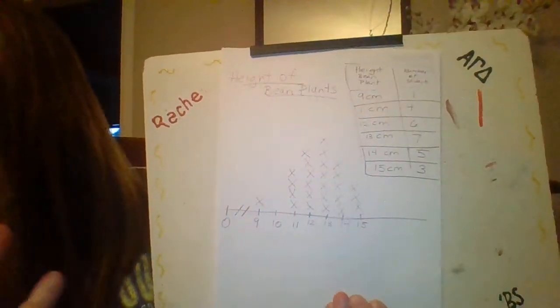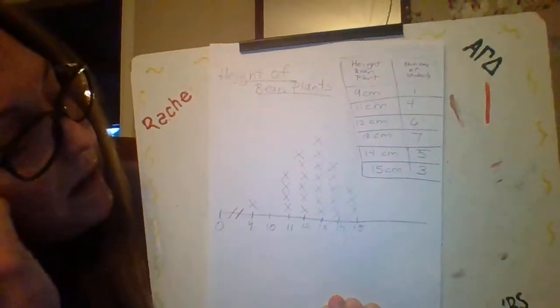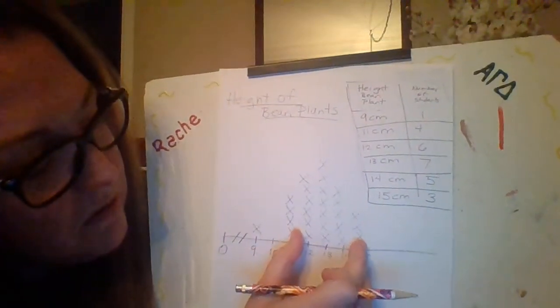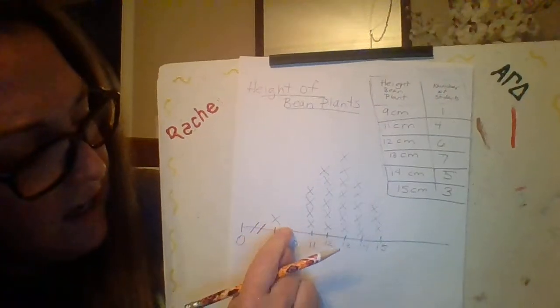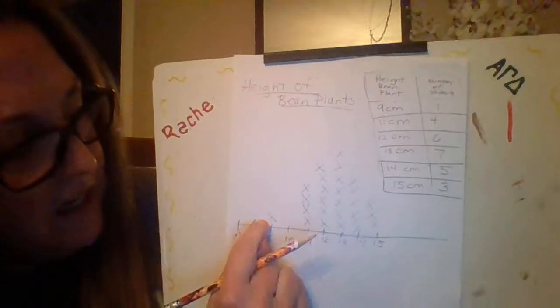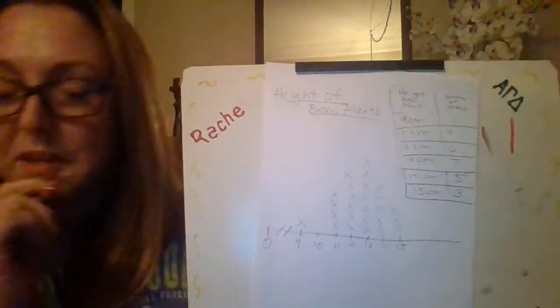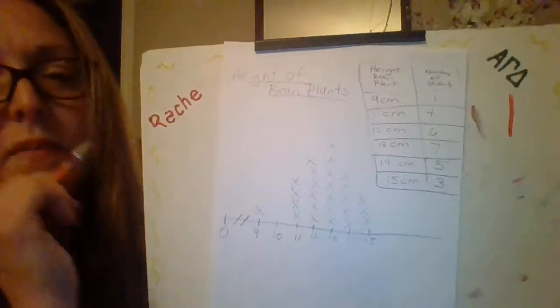Are there any measurements outside the main grouping? And what that means is most of the measurements are all clumped together here. But this one here is kind of away from the others. It's kind of outside of the main grouping. And why do we think that is? Why might this happen?